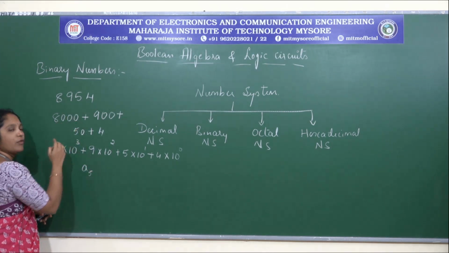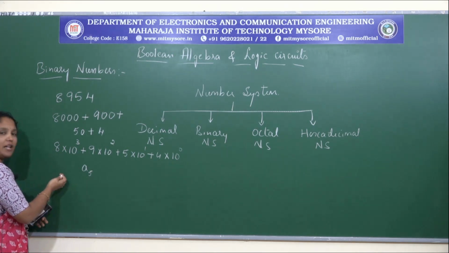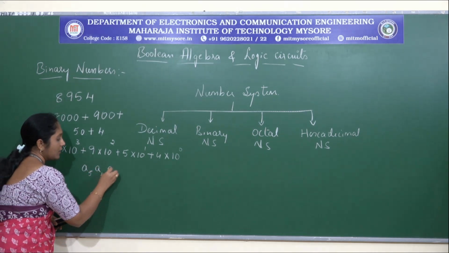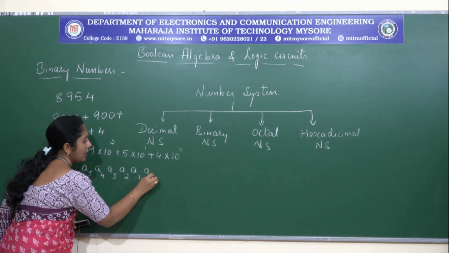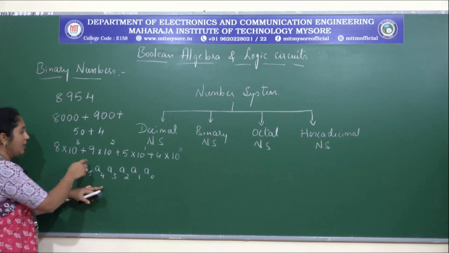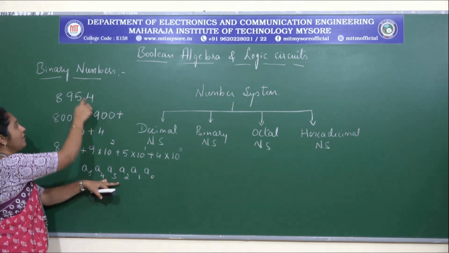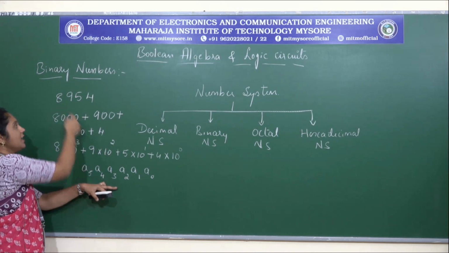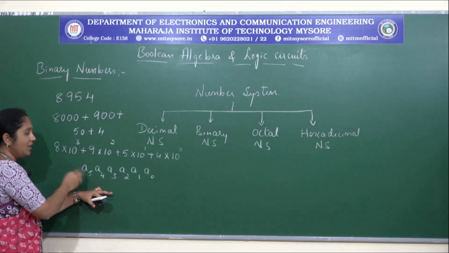Here we have only 4 digits, but since we are writing in general, I am taking some higher coefficients also: A5, A4, A3, A2, A1, A0. If you consider this number, here we have A0 as 4, A1 as 5, A2 as 9, A3 as 8. I have considered 2 extra digits here.